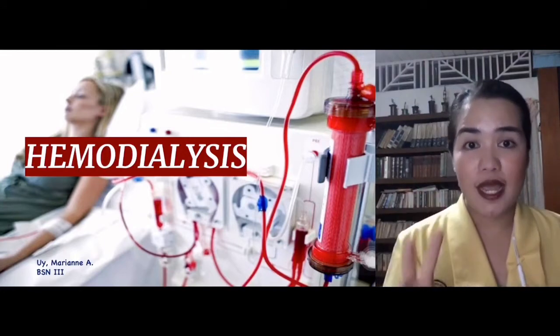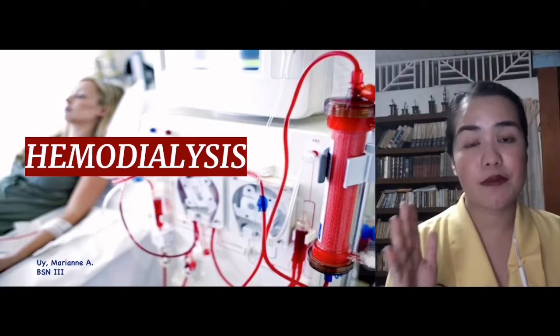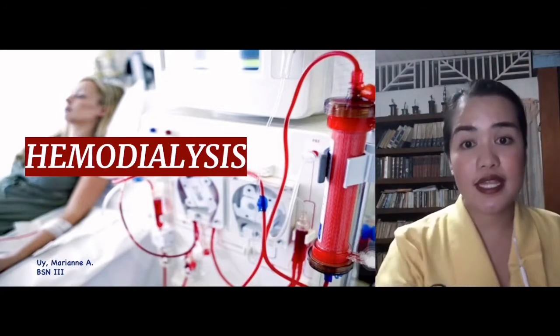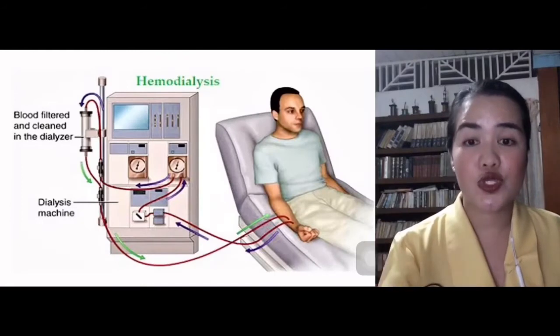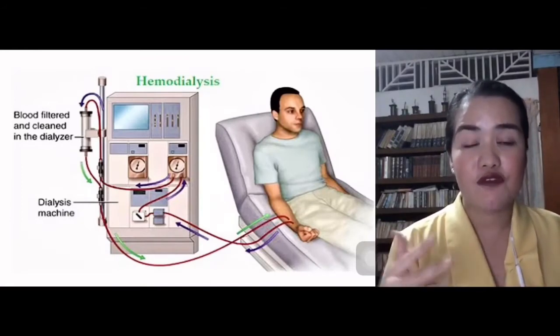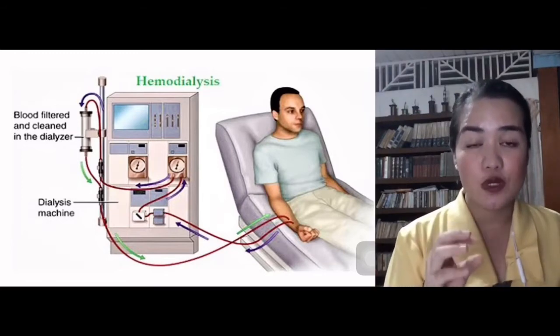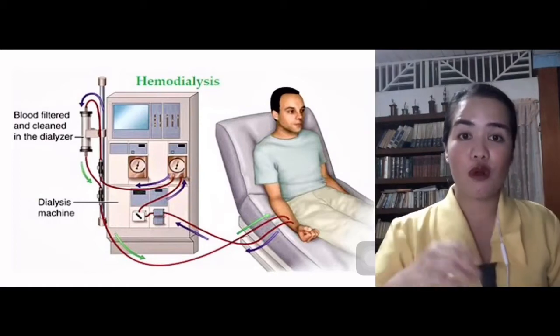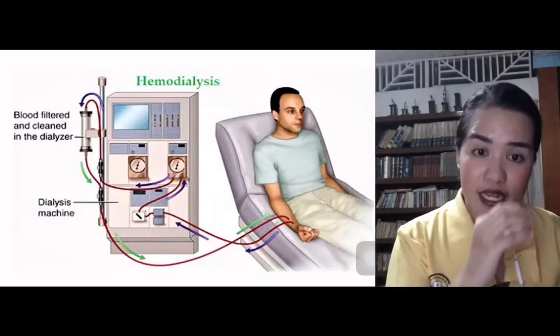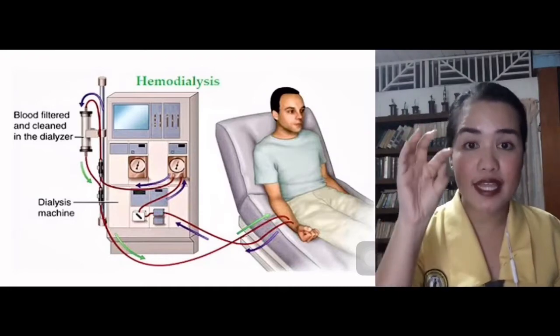Now, there are two types of dialysis. We have hemodialysis and peritoneal dialysis. Hemodialysis is a type of dialysis using an artificial kidney to perform the function of a healthy kidney, and that artificial kidney is what we call the dialyzer. So the blood from the patient is taken out through the collection tube. It will travel through the collection tube to the dialyzer to be filtered.